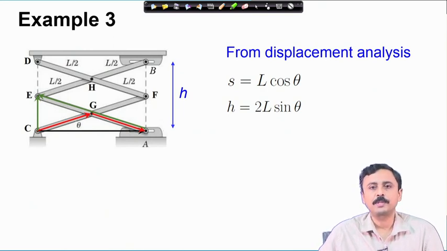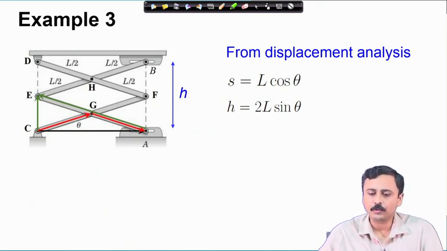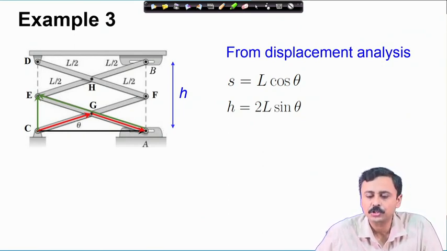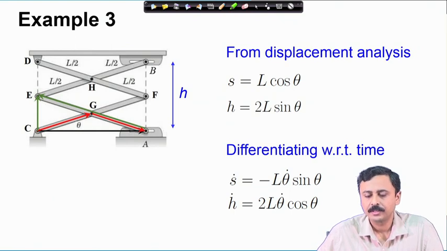Now, we have looked at the displacement analysis of this mechanism before and we had related S and H in terms of theta, which are shown here. Once again, if you differentiate these two expressions, you involve S dot and theta dot, and H dot and theta dot.